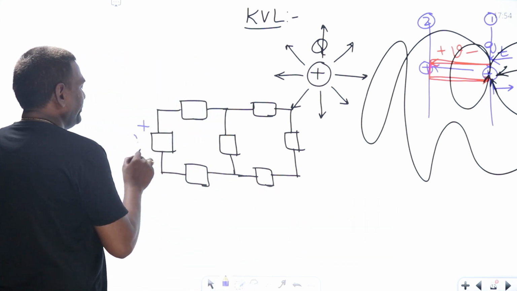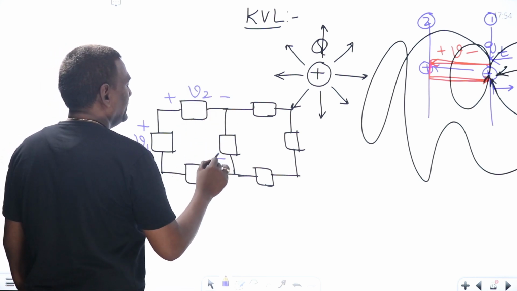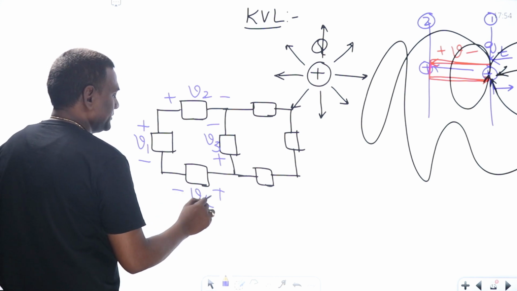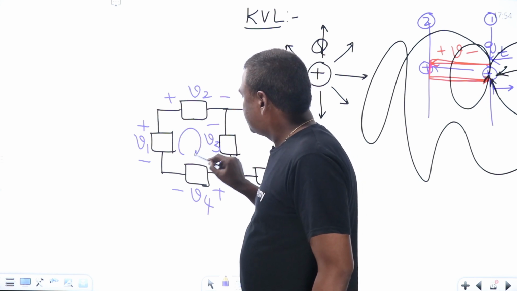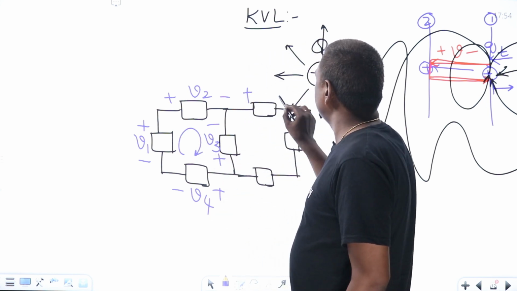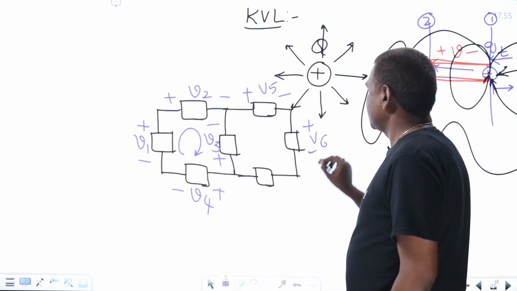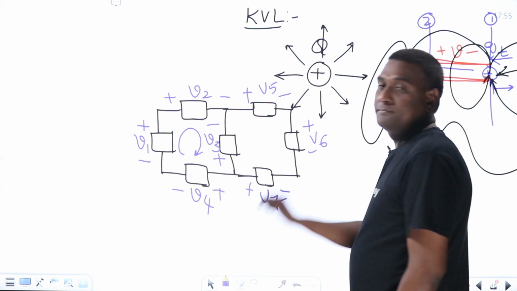Let me think of V1 is like this. Let me think of V2, V3, V4 like this. Now, if I consider this particular closed path, let me give V4, V5, V6, V7.